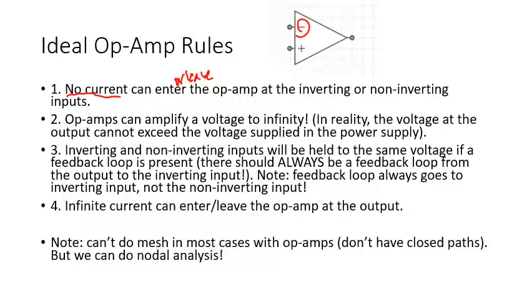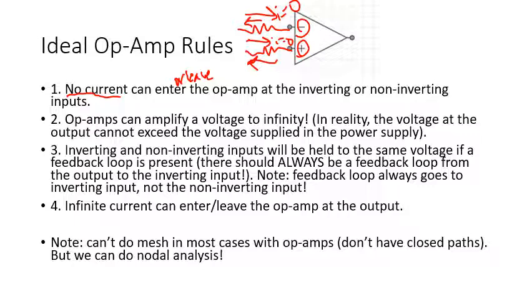So remember, this is my inverting input, this is my non-inverting input. This means even if I have something like a resistor attached to these guys, any current through there has to be 0. Cannot have current go into those inputs or the other direction for them.